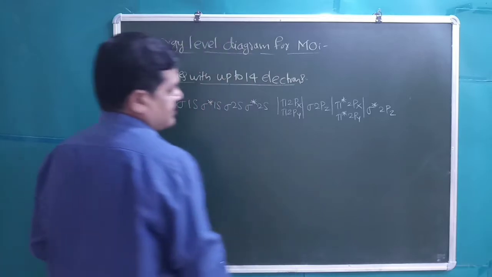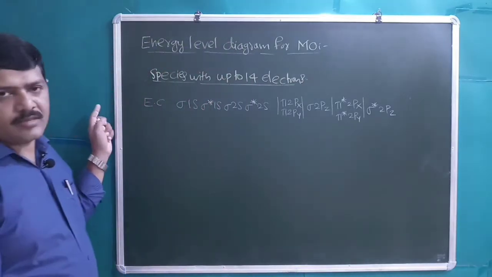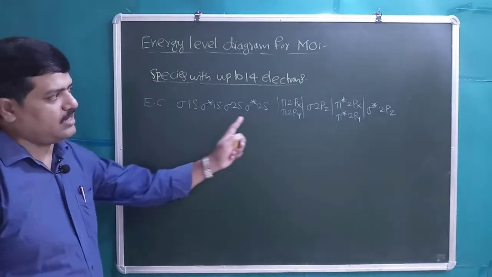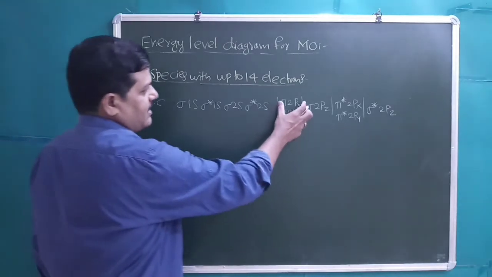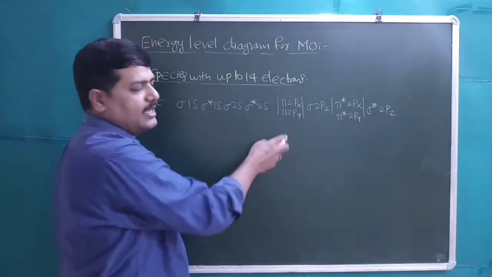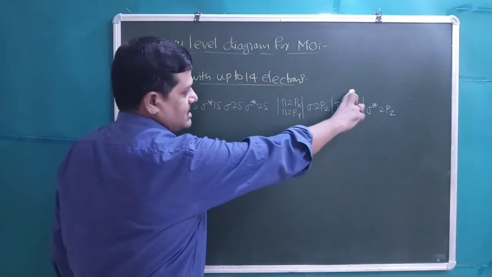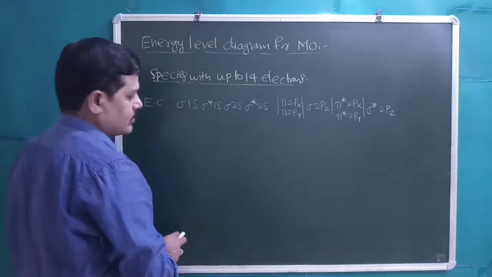This is the electronic configuration order for molecules or species with up to 14 electrons. The orbitals pi 2px and pi 2py are degenerate. Orbitals having the same energy are called degenerate orbitals.